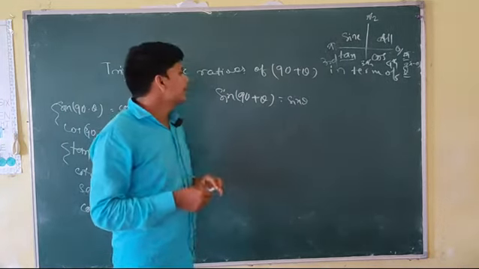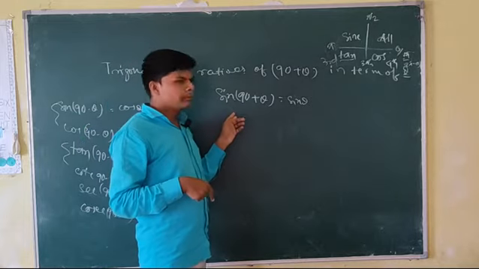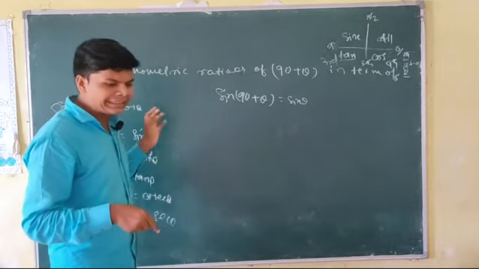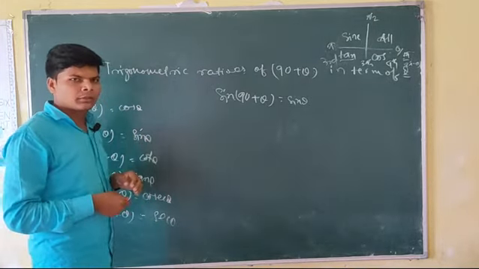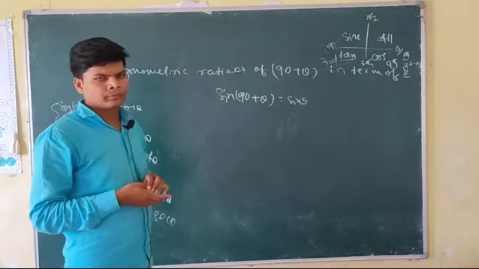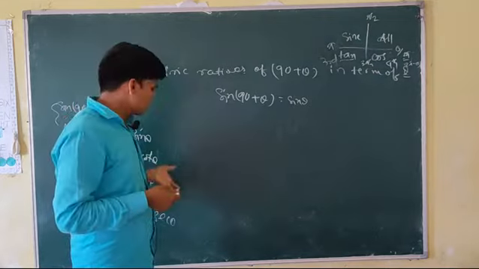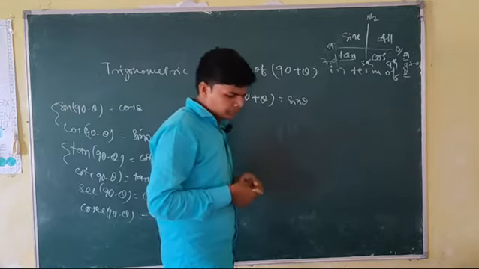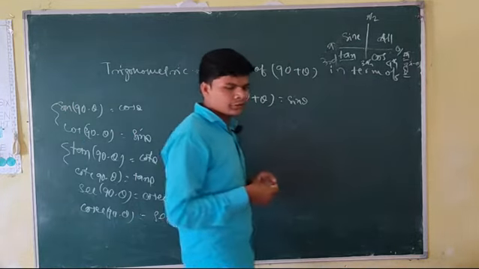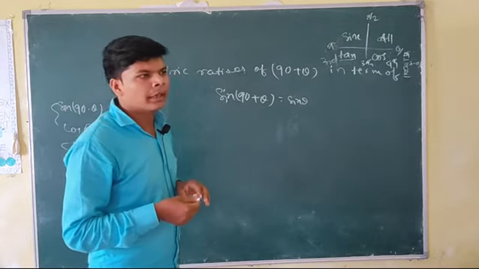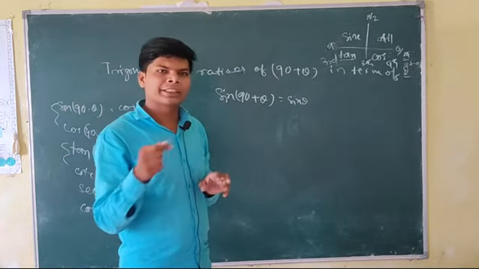Now if you remember this formula, it is easy to find solutions of problems based on these exercises, like trigonometric ratios and some proofs, and finding the general solution of trigonometric equations.